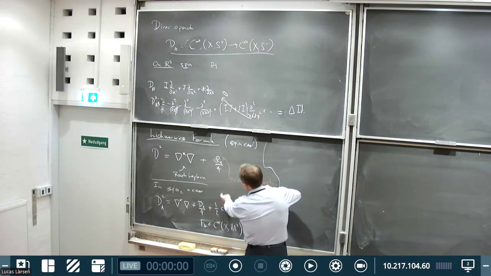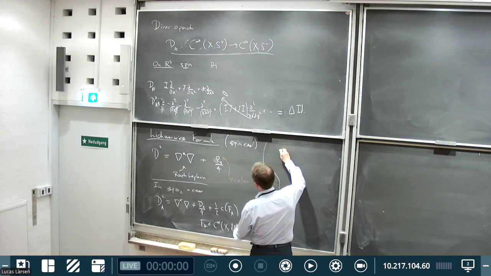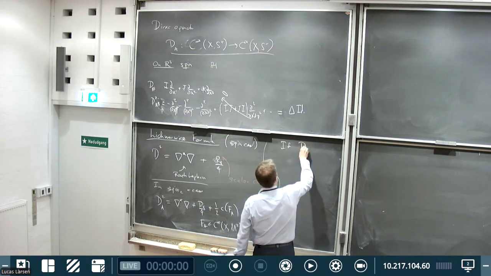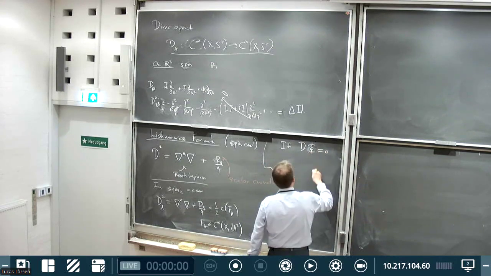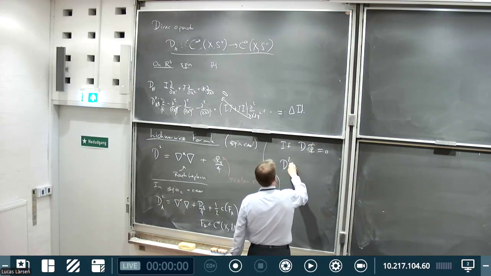These formulas tell you something interesting about the kernel of the Dirac operator. You notice that if D phi equals 0, then D squared phi equals 0.